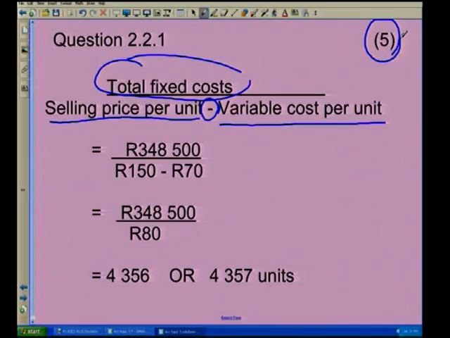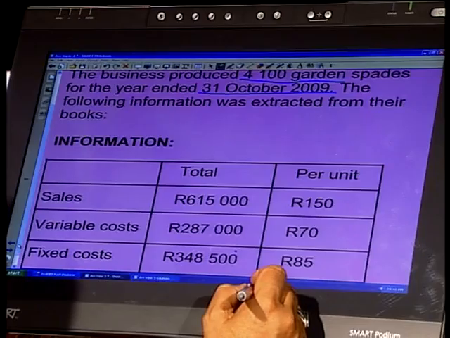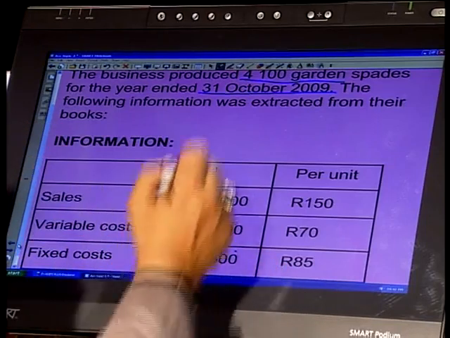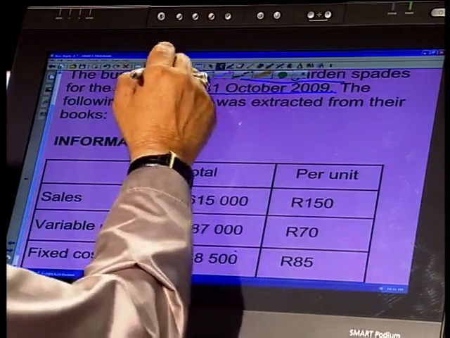Is that what you want to do? Certainly not. You don't want to do that. And therefore, make sure that you know the break-even point is your total fixed cost divided by your selling price per unit minus your variable cost per unit. Let's go into the question.